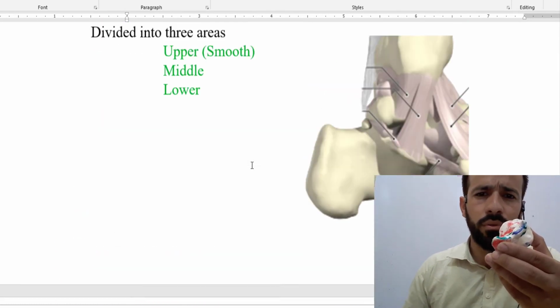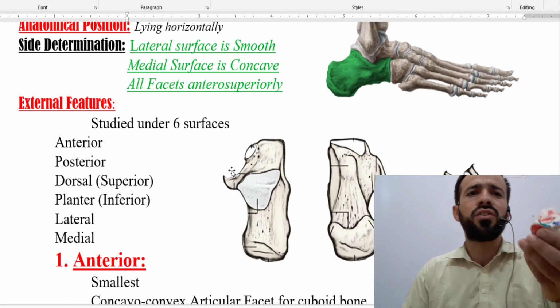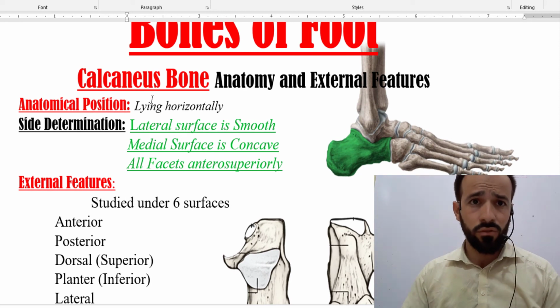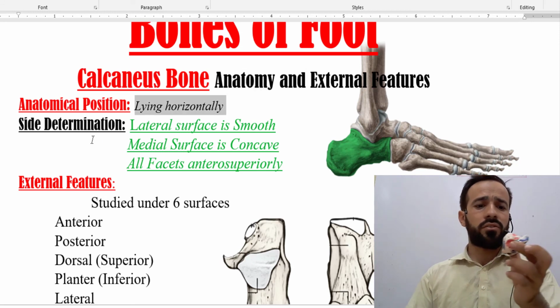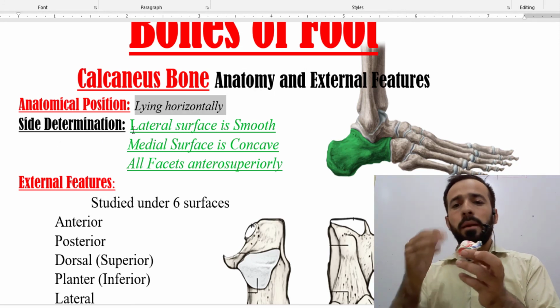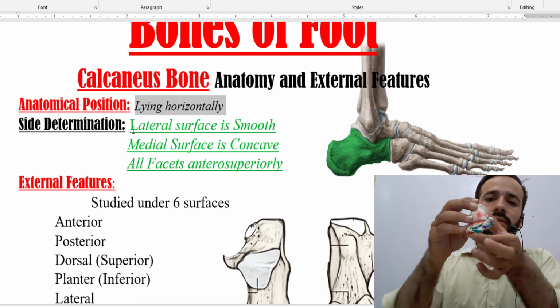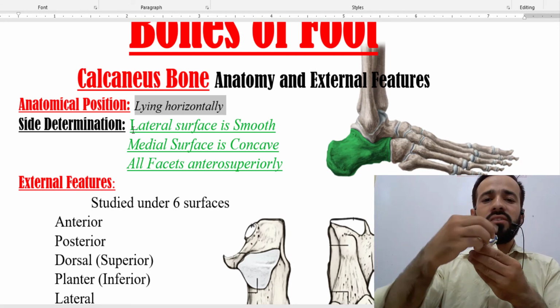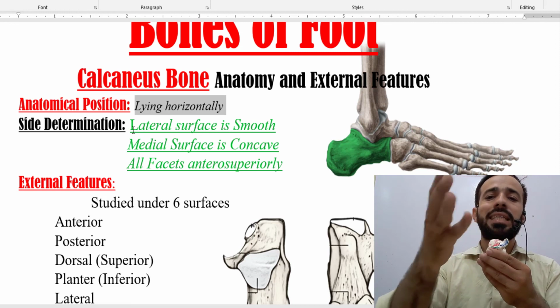Let's first recap. The calcaneus bone is the largest bone of your foot, and it's also known as the calcaneum. It is lying horizontally. How to determine the sides? The lateral side is smooth, the medial side is concave. All the articular facets which are present in it should face anterior and superior.